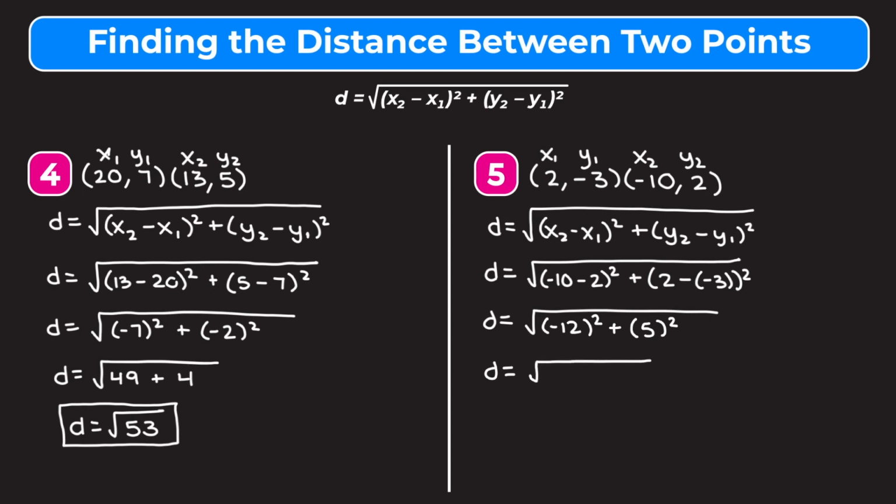Negative 12 times negative 12 is positive 144. 5 times 5 is positive 25. So we have 144 plus 25 under our root. If we add 144 and 25, we get 169. And 169 is a perfect square, so we can find the square root, which is 13. So we get a distance of 13 units.